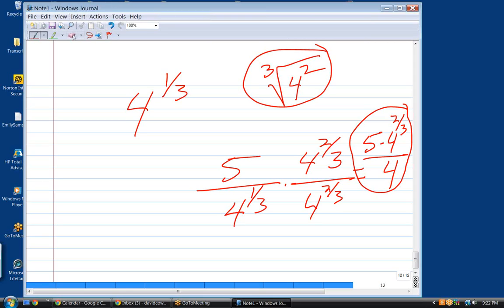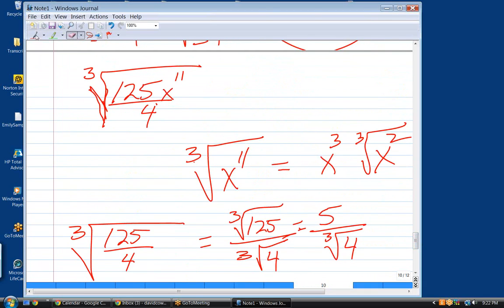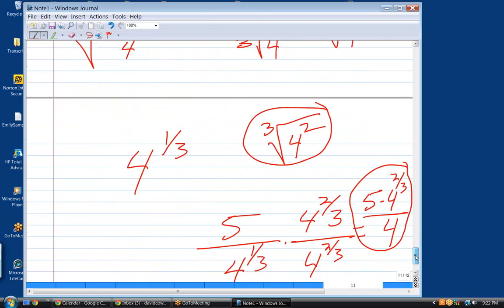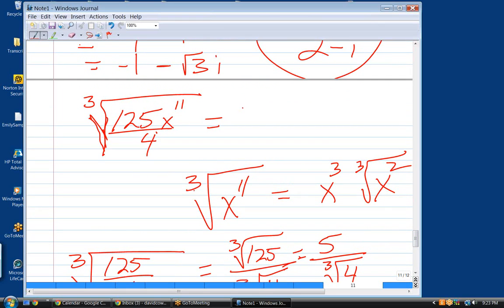Again, putting everything back together, the number part becomes 5 times 4 to the 2/3 over 4, which is 5 over 4 times the cube root of 4 squared.